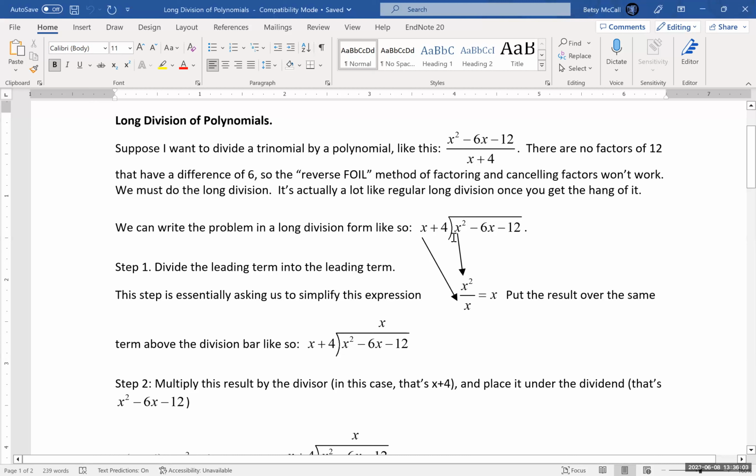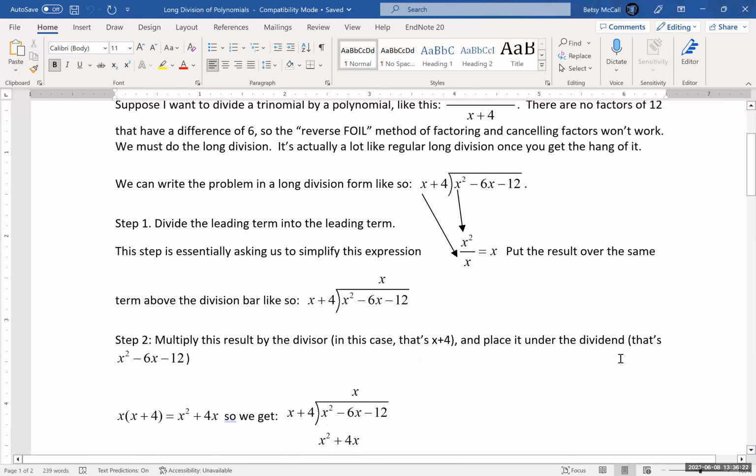So the idea here is we're going to write the problem as a division problem. The numerator goes under the division bar, and the thing we're dividing by, the divisor, goes to the left of our division bar. And for the procedure for doing division with polynomials, we don't have to think about the whole thing.